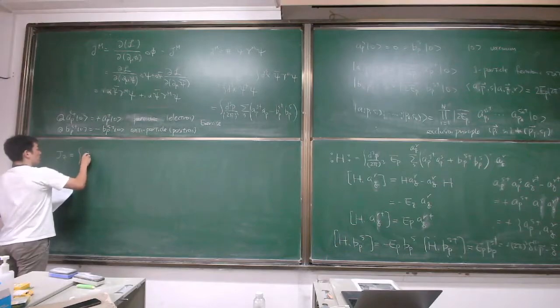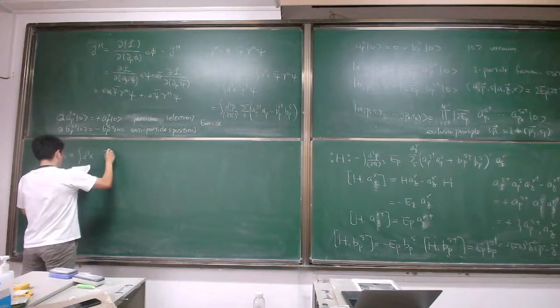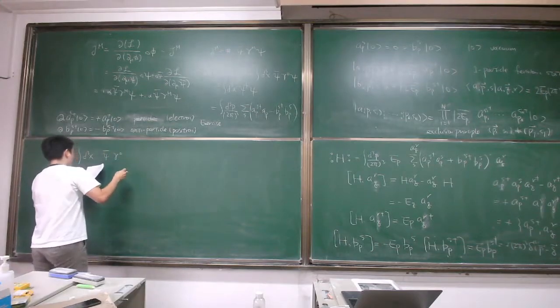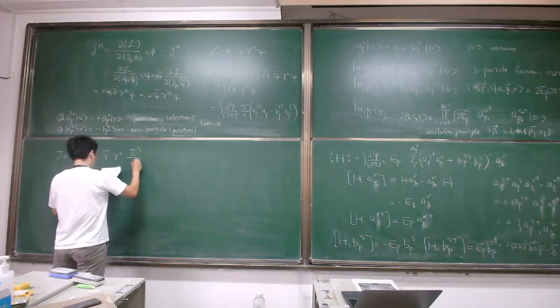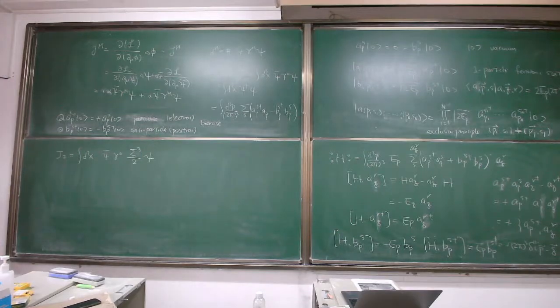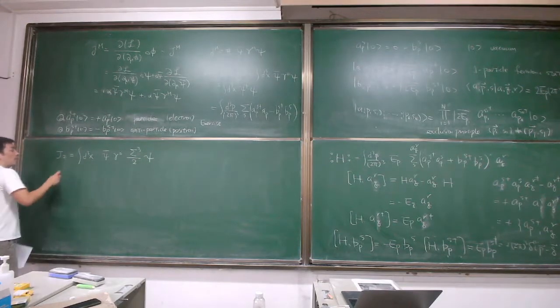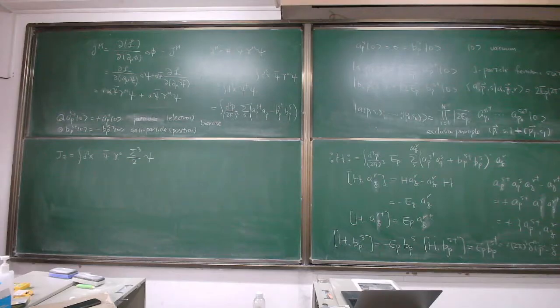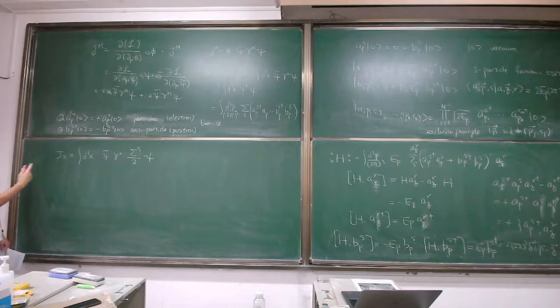This can be understood as follows: psi dagger, gamma 0. So this is the Noether current for the rotation with respect to the third axis.